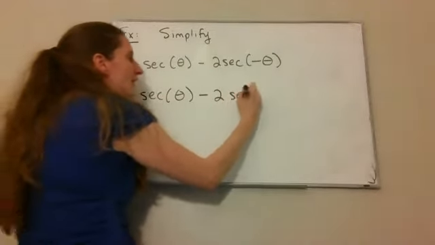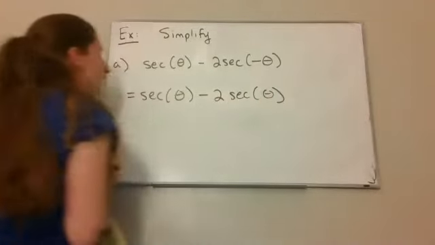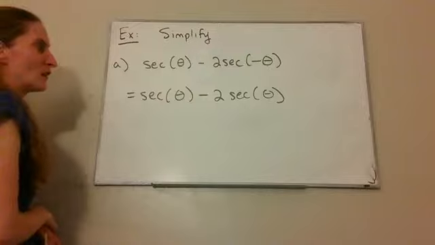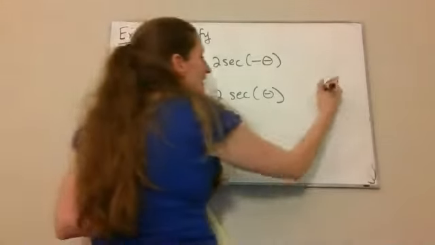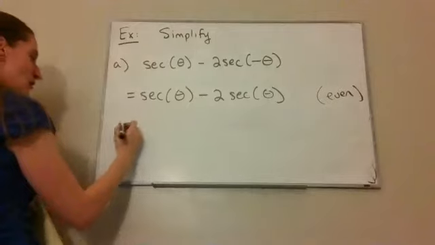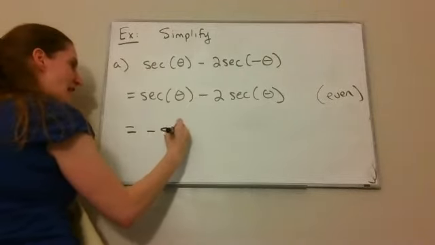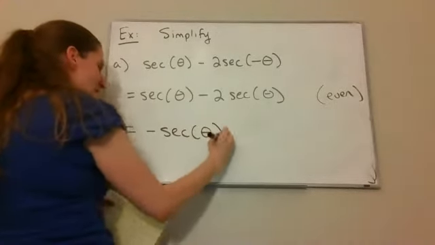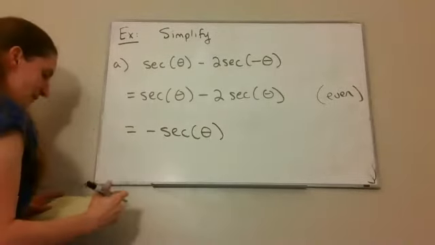So I can rewrite this as secant theta minus 2 secant of theta. This was because it was even. And now I have like terms, and we can combine them together to get negative secant of theta.